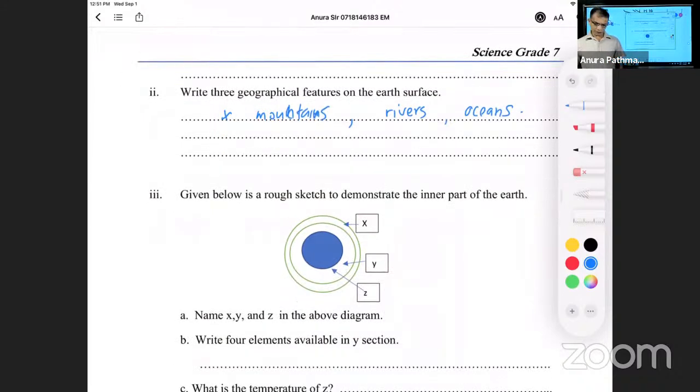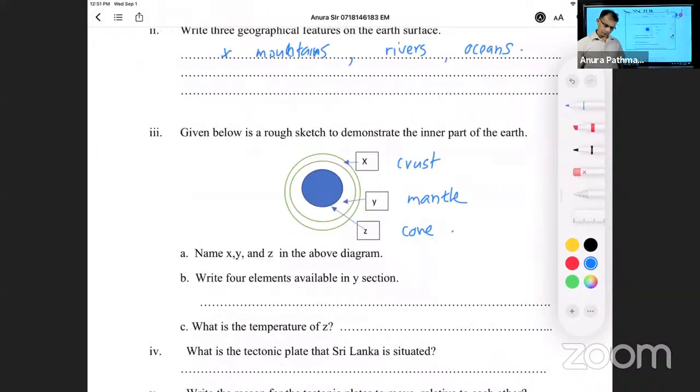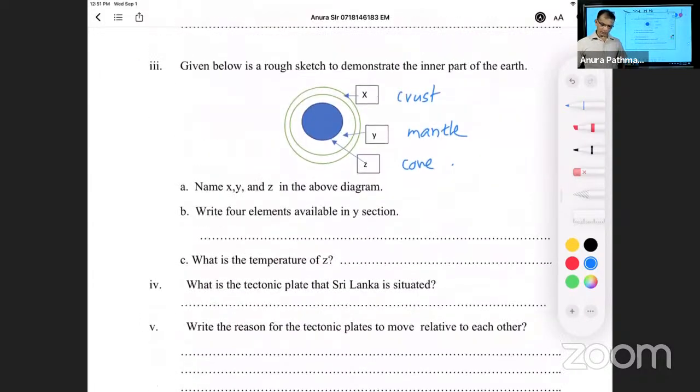Given below is a rough sketch to demonstrate the inner part of the earth. X, crust. Y, mantle. And Z, core. Write four elements available in the Y section.